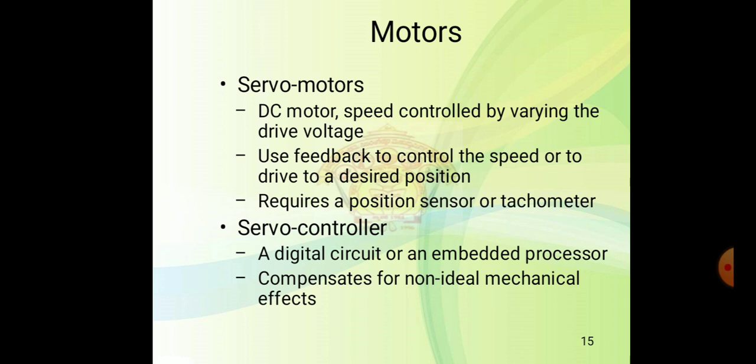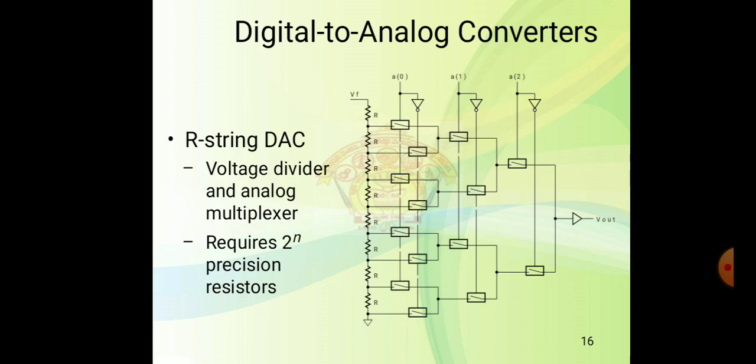This is a very simple R string DAC, and you can see the diagram of it. It works like a flash ADC. It contains a voltage divider circuit.